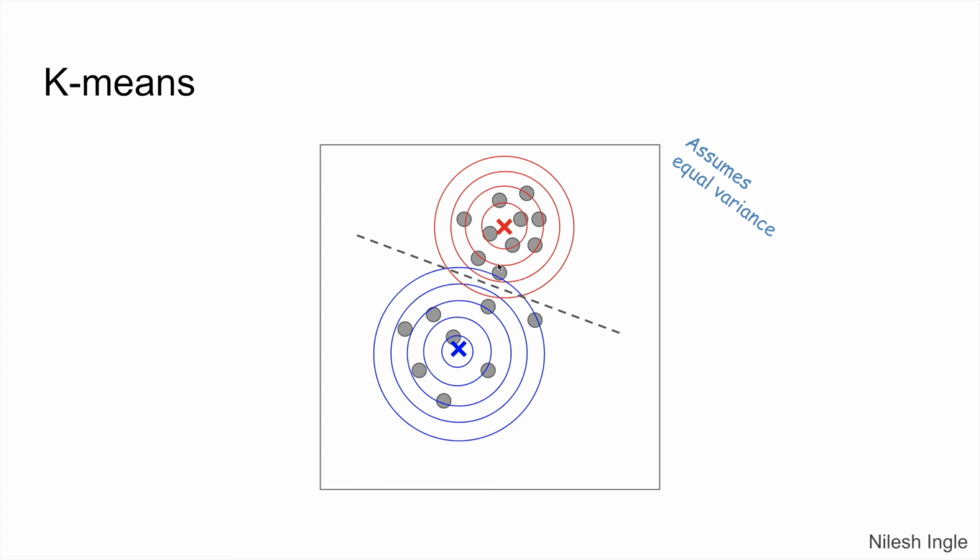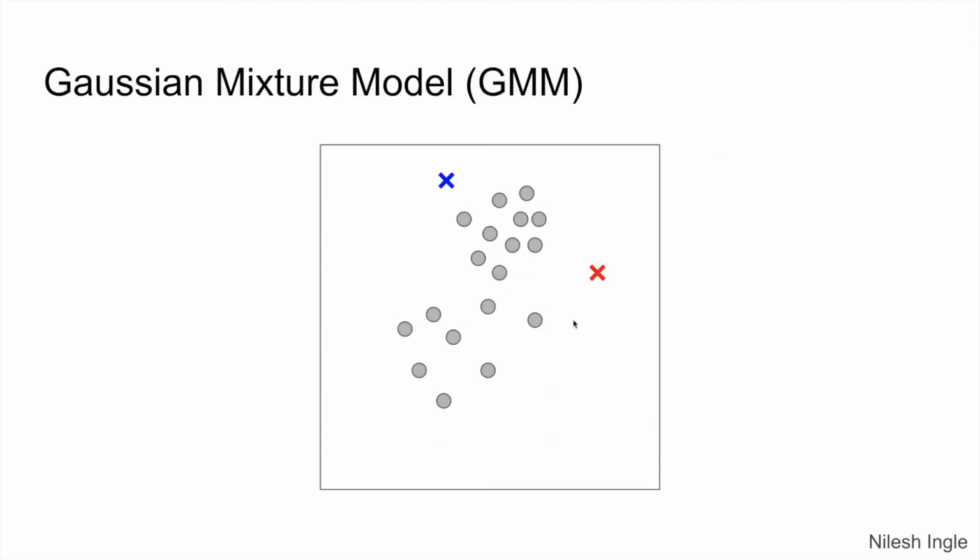Another point to note with k-means is that the decision boundaries are linear, as shown here by the straight line. And this can be sometimes useful and sometimes not. As we'll see in the case of Gaussian mixture models, as shown here, we have a similar set of data points.